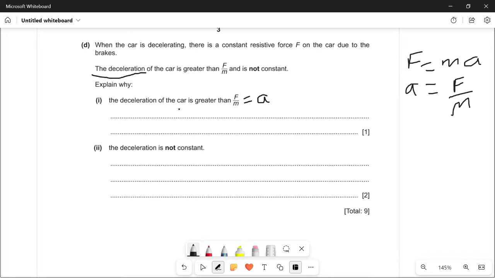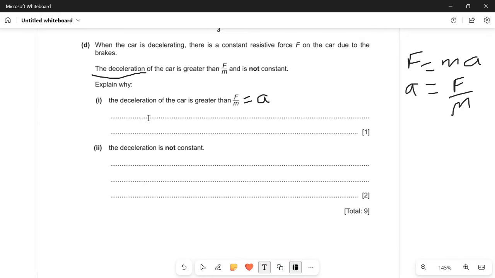So the deceleration is going to be greater than the acceleration. So the answer could be air resistance. Another answer could also be friction force, because friction also opposes the motion of the car. So it increases the deceleration, but the acceleration is going to be decreasing. So it can be friction force.